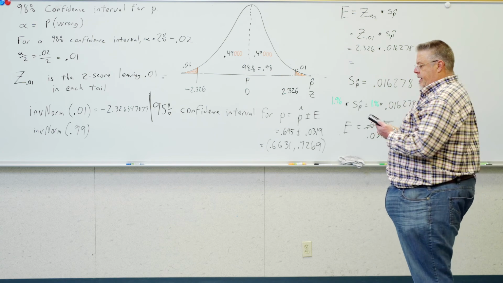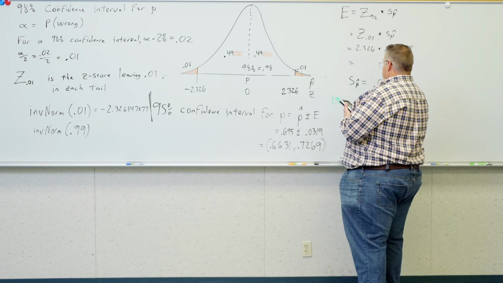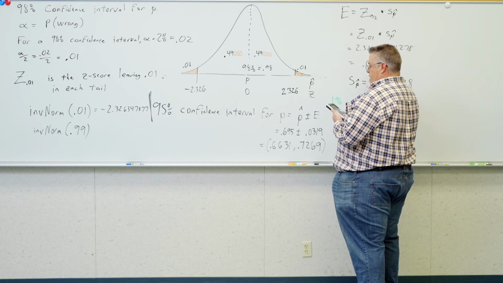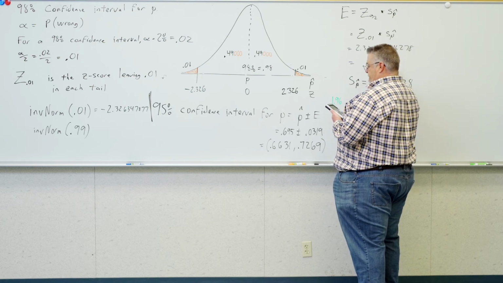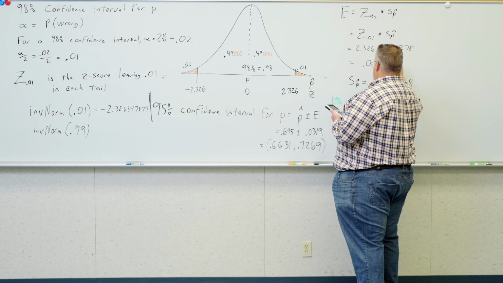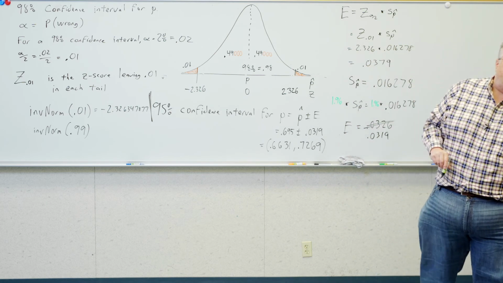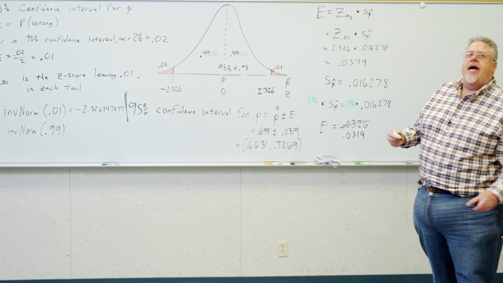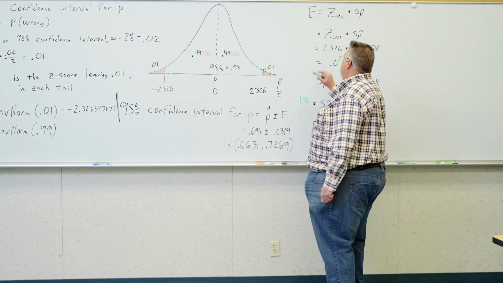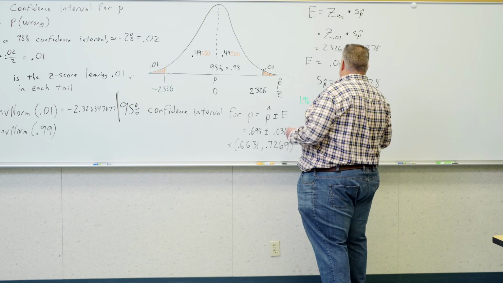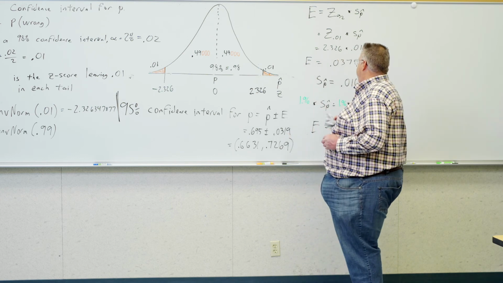And I am going to get 0.0379 if I round it to 4 decimal places. At this point, you want the same number of decimal places you had, maybe one more. So my error is going to be 0.0379.